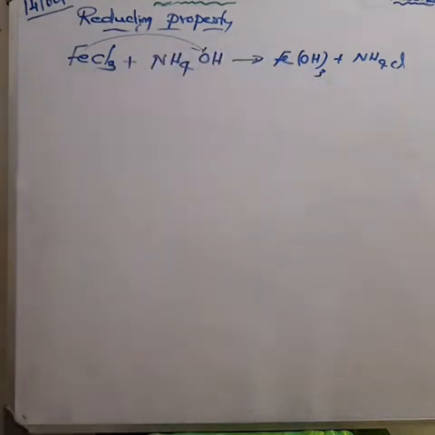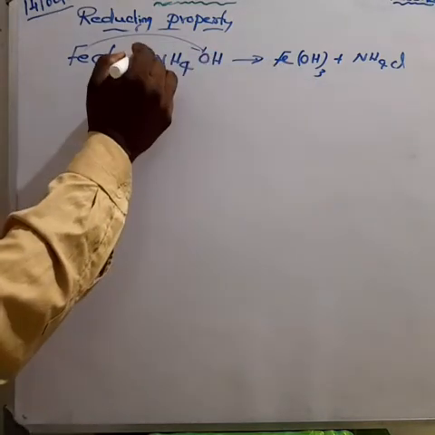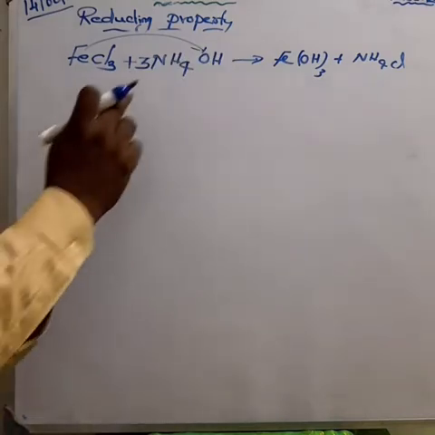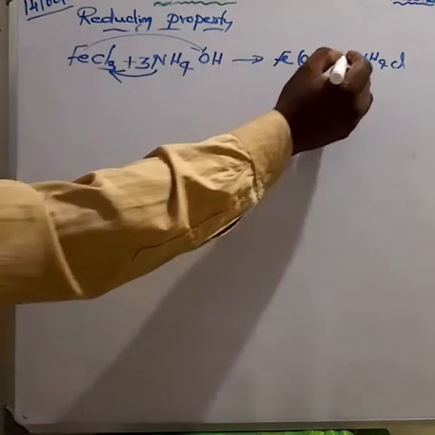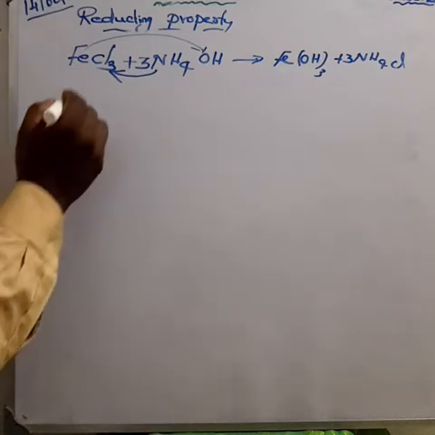What is the formula of iron hydroxide? Fe(OH)3. Am I right? So thrice means, ammonium hydroxide has only one hydroxide group. Make it 3 here. So 3 hydroxide balance. Ammonium combines with the 3 chlorine, we get 3 ammonium chloride. So make it 3 ammonium chloride. Now the equation is almost balanced.